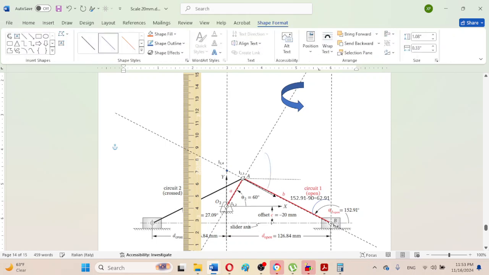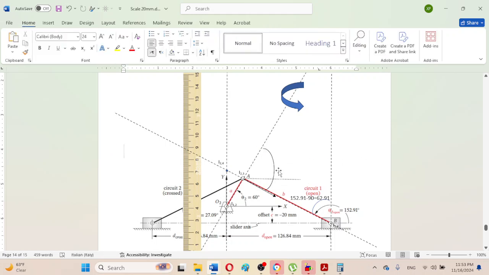As we can observe here, for this angle I can just copy this label from here, paste it and move it here.